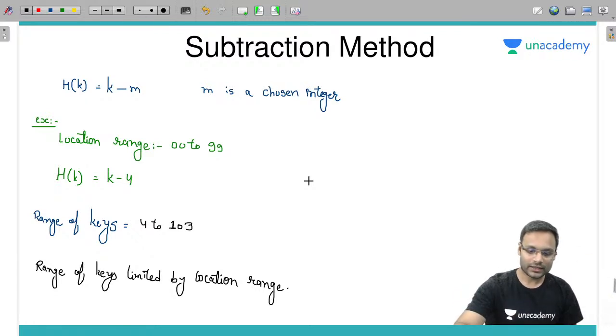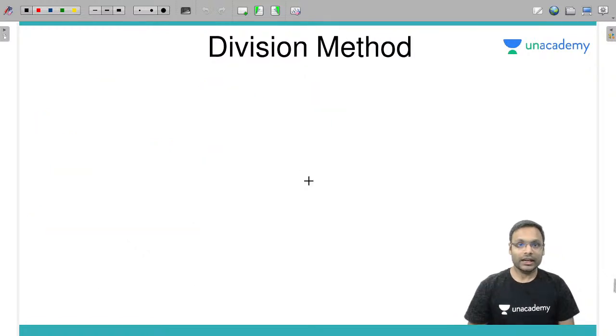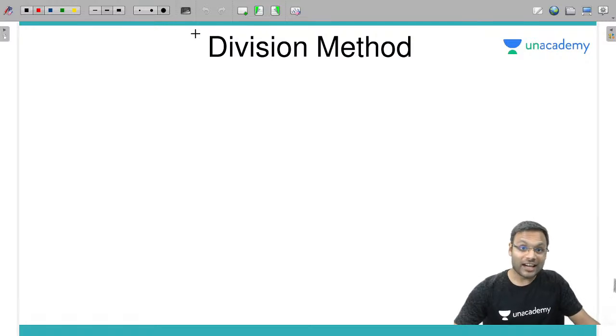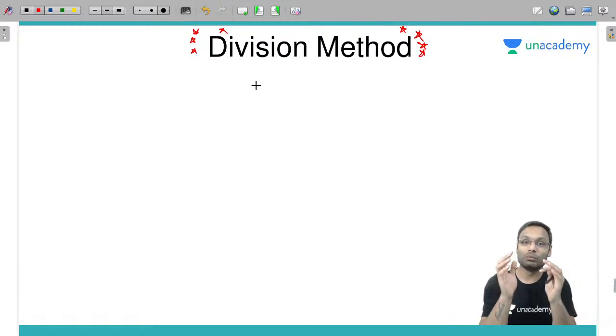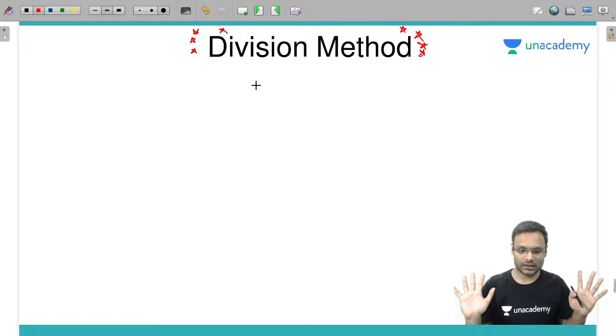Let us go next. Here it is: the division method. If you put stars on the important ones, you can fill up so many stars here, because this is the method which has been used, will be used, and is being used in most of the questions of your GATE computer science. It will be asked the most.